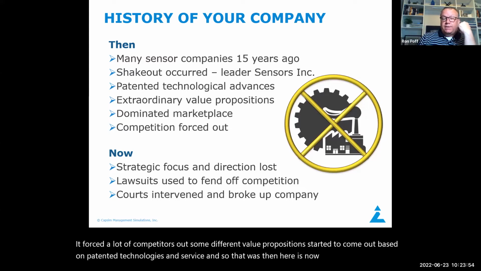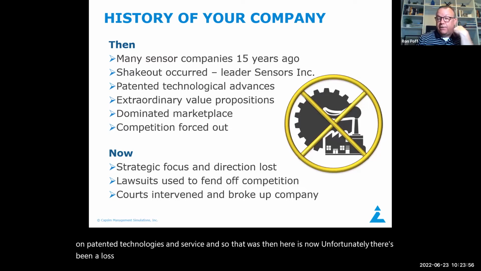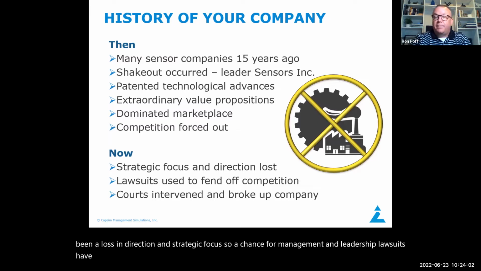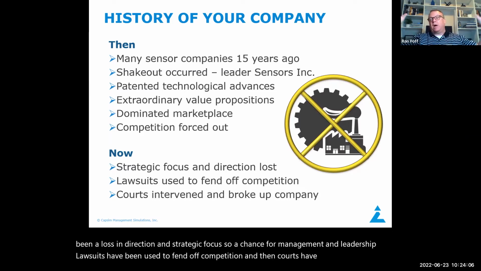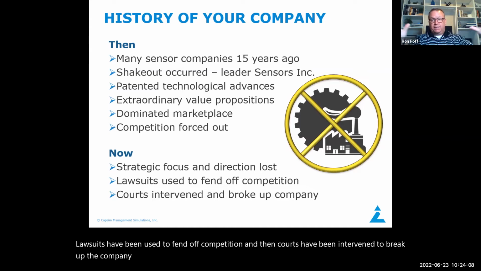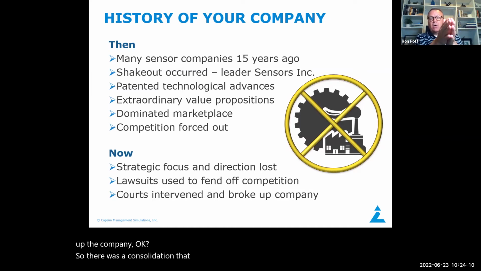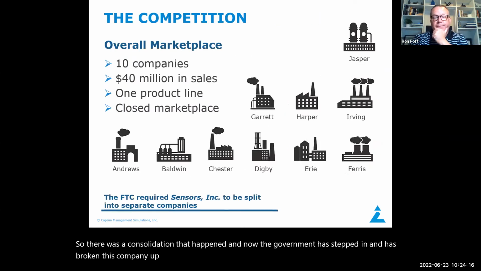Unfortunately, there's been a loss in direction and strategic focus, so a chance for management and leadership. Lawsuits have been used to fend off competition, and then courts have been intervening to break up the company, okay? So there was a consolidation that happened, and now the government has stepped in and has broken this company up, called Sensors Incorporated.